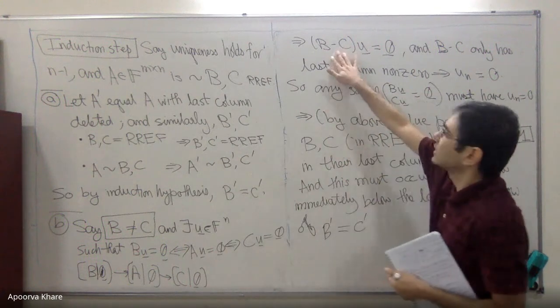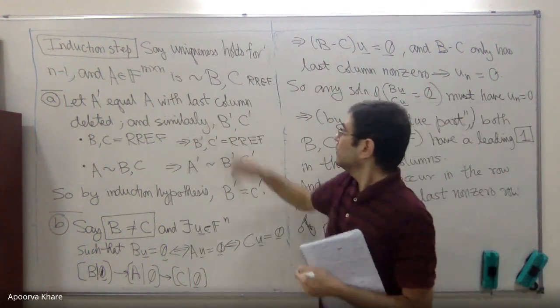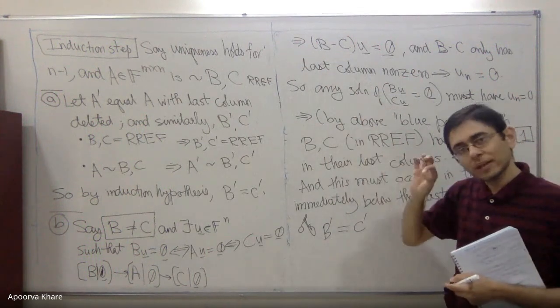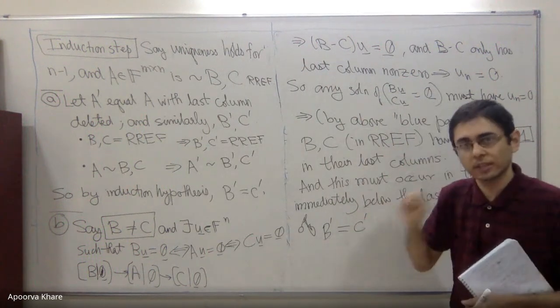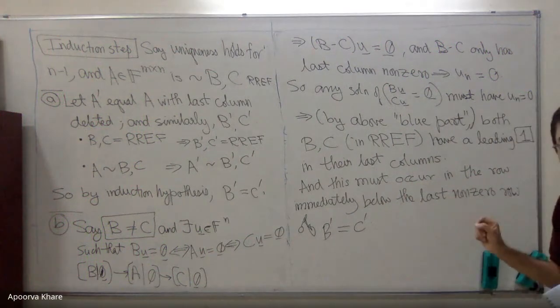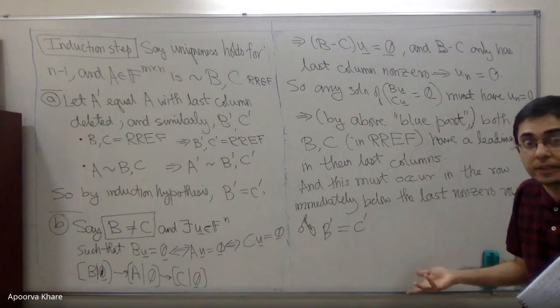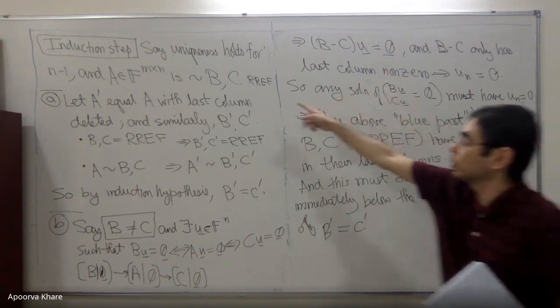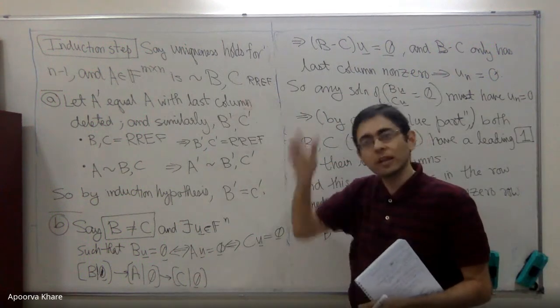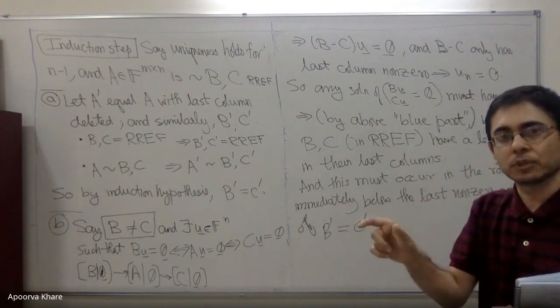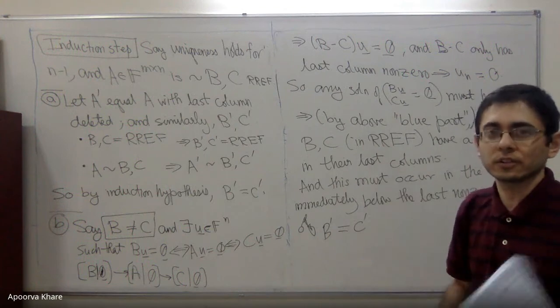B and C just differ in the last column. But then you see, they must have a leading one in the same position in the last column. But if they do that, all other entries in that column are zero because it's a leading one, and B and C are both in row reduced echelon form. Therefore, the last columns are also the same because it's just one entry which is 1 in the same position in the last column, and every other entry is 0.